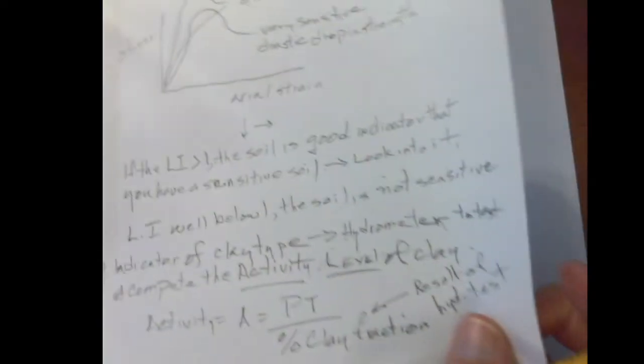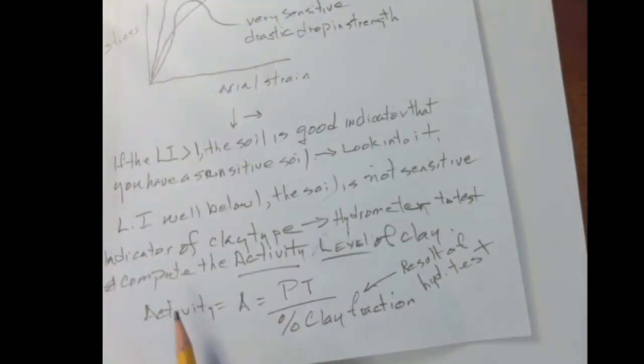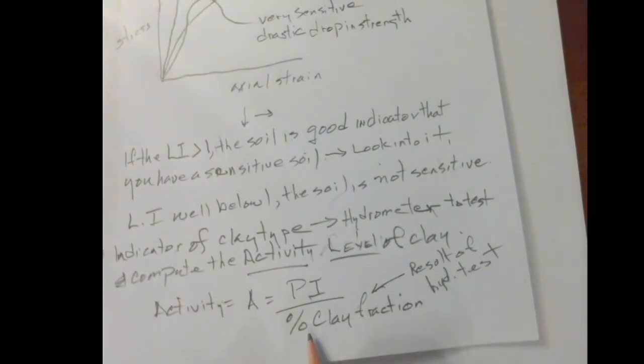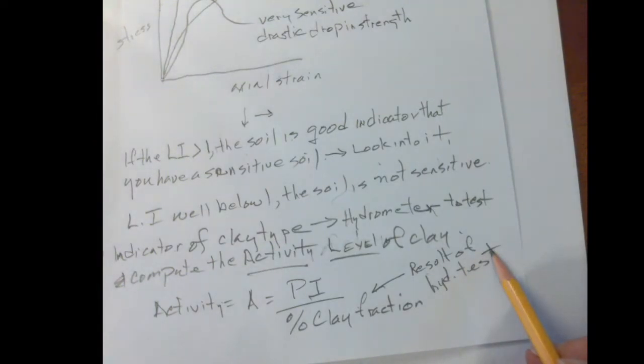I'm not sure how far we will get into it, but what the clay is made from, like silicon or other things, makes a difference about the water and the role it plays. So we have the computation of the activity, and that's the plasticity index divided by the percent clay fraction, which is obtained from the hydrometer test.